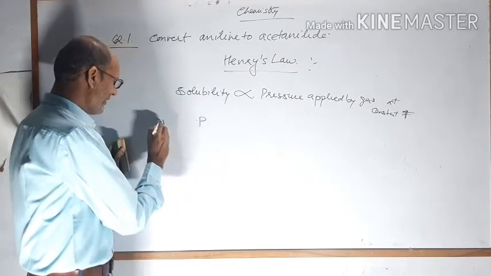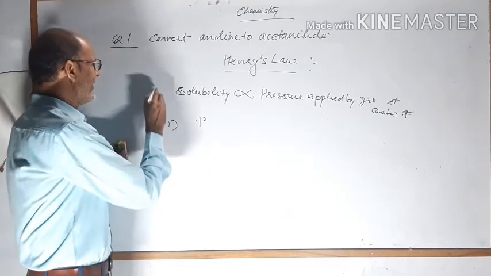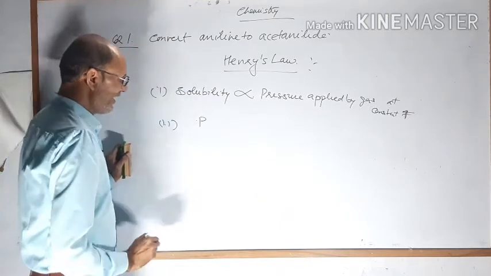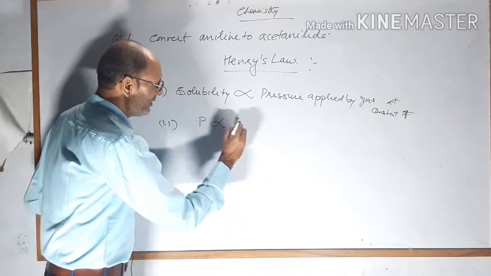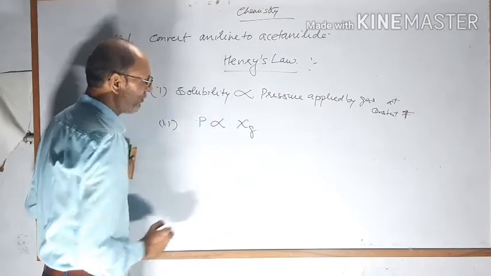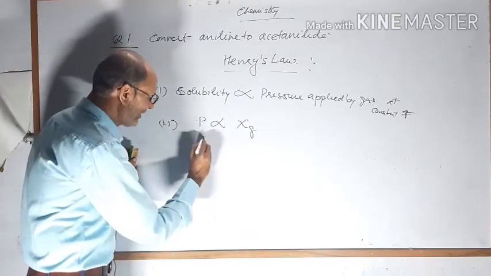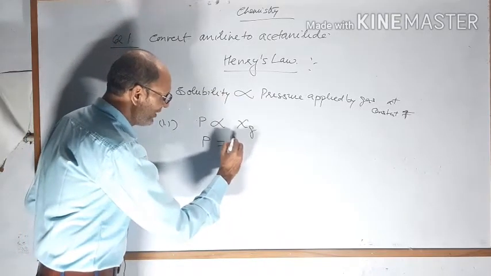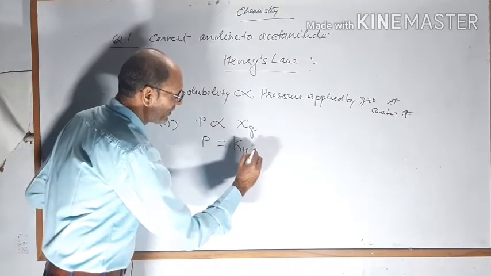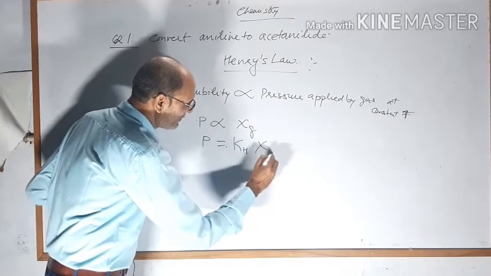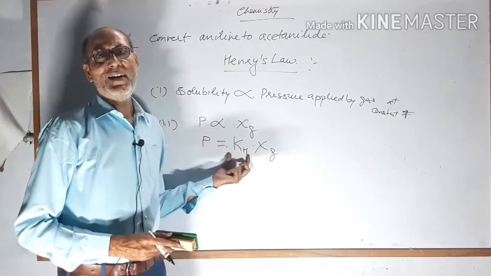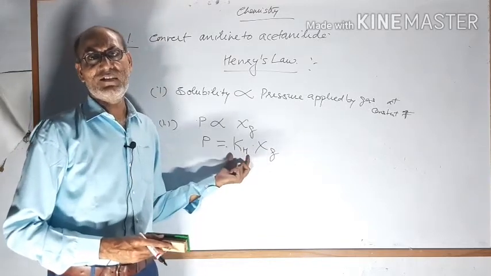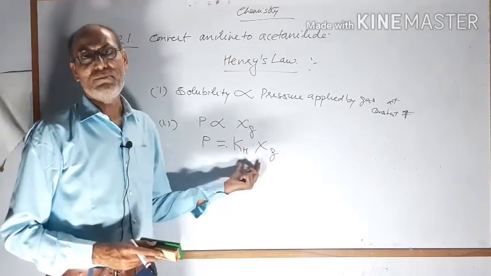This is statement second. You have to write statement first, statement second, and this expression: P proportional to X gas, the mole fraction of the gas, or you can say P equals KH into X gas, mole fraction of the gas. This is the Henry's constant, and its value for different gases will be different at different temperatures.